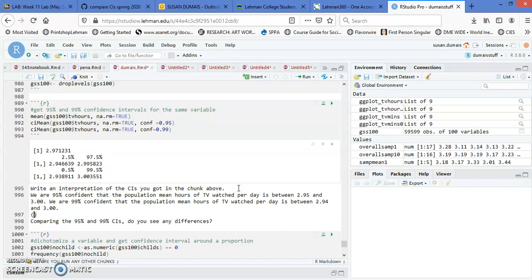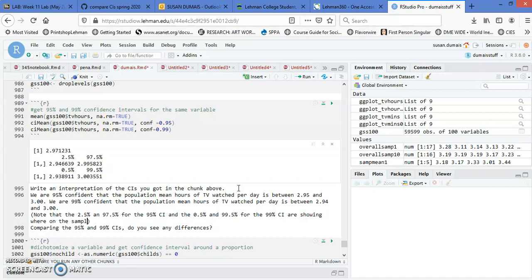And I'm just going to make a note to myself so I remember. Note that the 2.5% and 97.5% for the 95% CI and the 0.5% and 99.5% for the 99% CI are showing where on the sampling distribution our confidence intervals are beginning and ending.